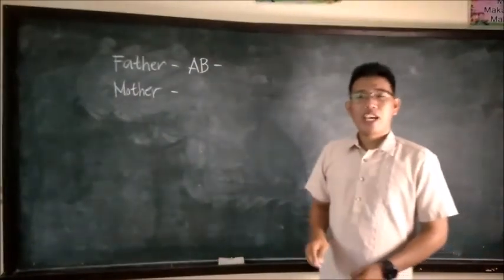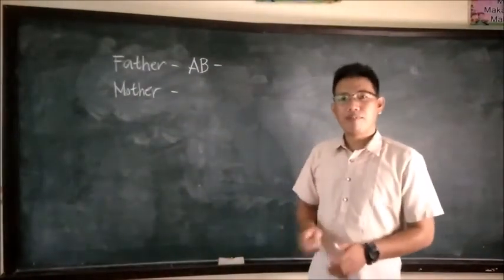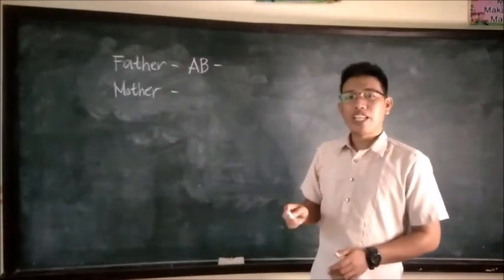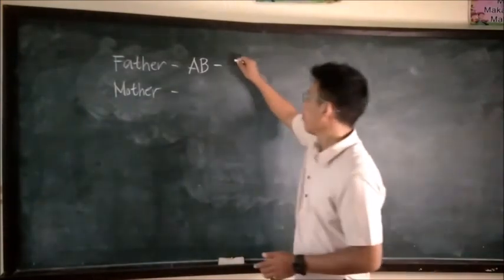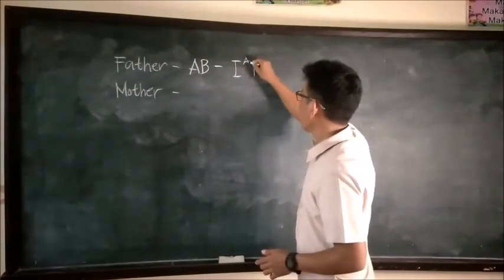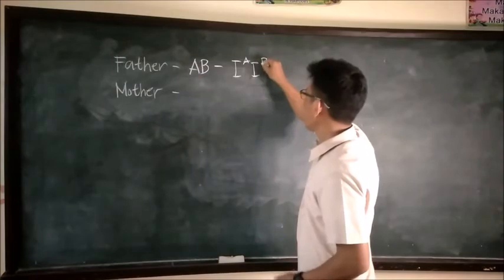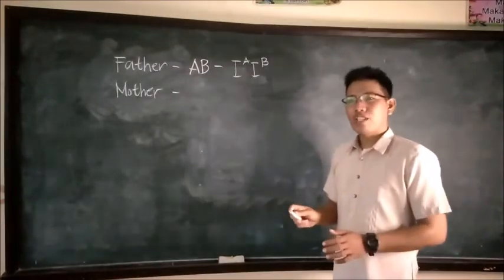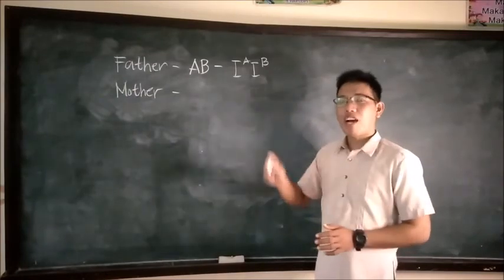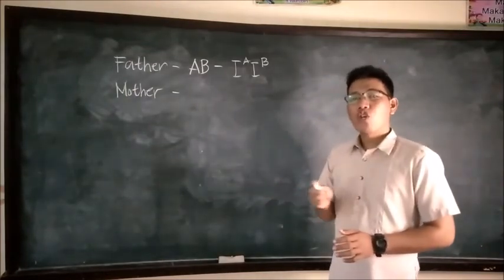Looking into the table that I have provided you, identify the genotype of blood type AB. Please take note that the letters A and B on the genotype are exponents or superscripts.